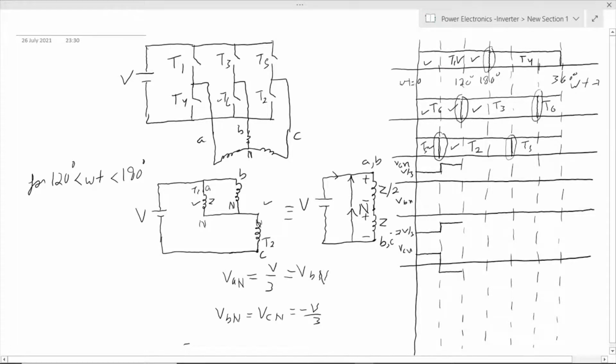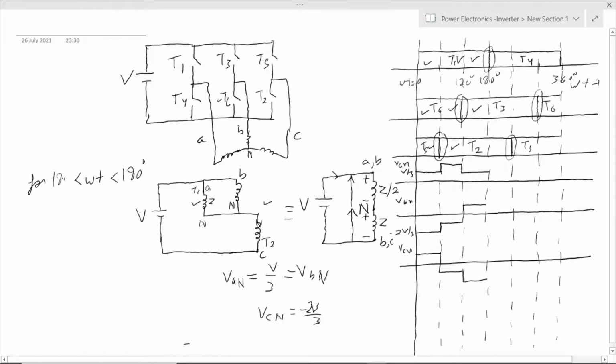Okay, and VCN, what will it be? VCN will be minus 2V by 3. Okay, so we can just draw this. So VAN will be V by 3, VBN will be V by 3, and VCN will be minus 2V by 3. Okay, now just check for 180 degree to 240 degree.